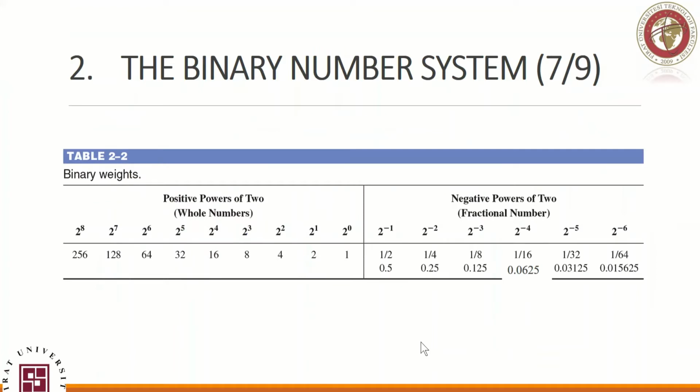Now, in order for us to convert between systems, we need to know the weights. What does it mean, weights? I just explained about it a while ago. The first digit, or you can say the least significant digit, takes the weight of 2 to 0, that's 1 in decimal. The next one takes 2 to 1, that's 2, 2 to 2, 4, 2 to 3, 8, 2 to 4, 16, 32, 64, and so on.